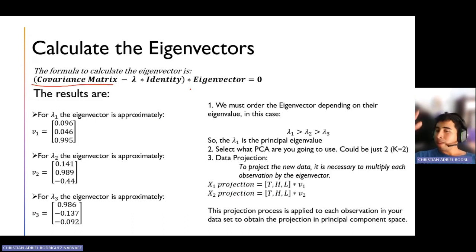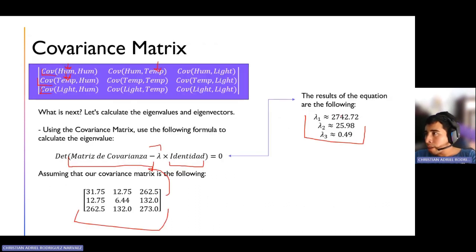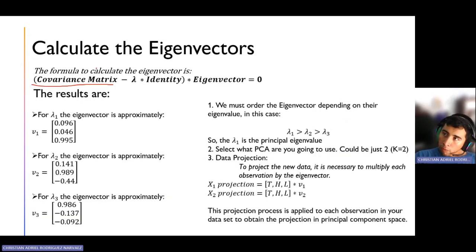And again, it's just a simple equation that we need to calculate the eigenvector, and that's it. For lambda 1, that we already know is this value, we calculate with the following formula and have our eigenvector b1. This is the matrix of b1.